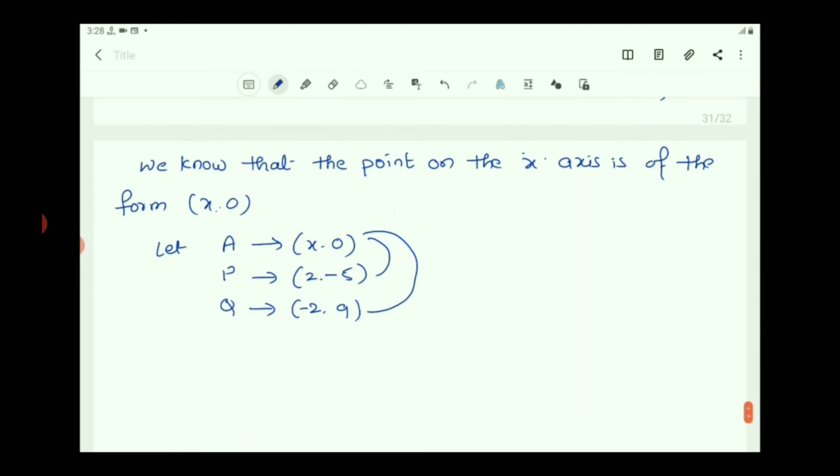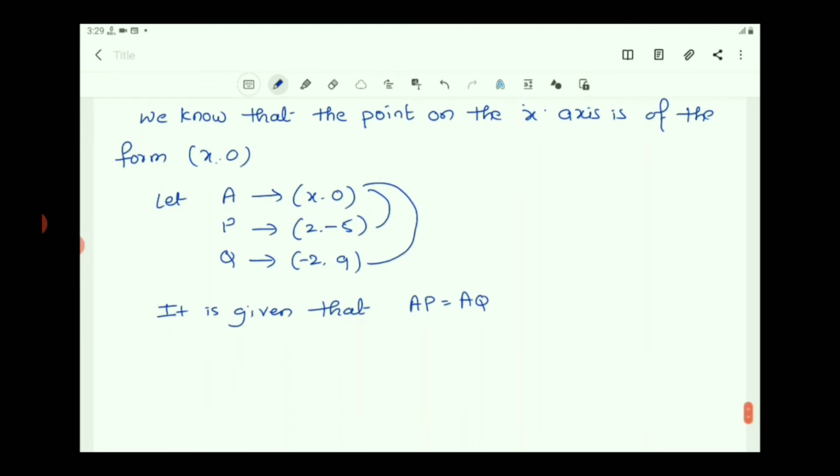What is given? It is given that AP equals AQ. From A, P and Q are at equal distance. Distance of the point P from A equals the distance of the point Q from A. So AP equals AQ.